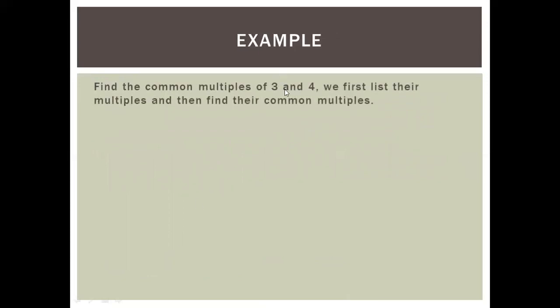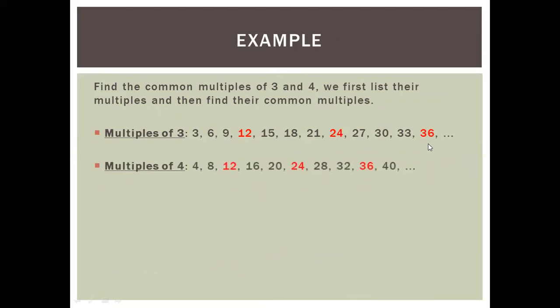For example, find the common multiples of 3 and 4. What will we do? We will first write the multiples of 3, that is multiplying 3 with its counting numbers. 3 ones are 3, 3 twos are 6, 3 threes are 9. We will write till 12 or 13, whatever. Then we will write the multiples of 4. 4 ones are 4, 4 twos are 8, 4 threes are 12.